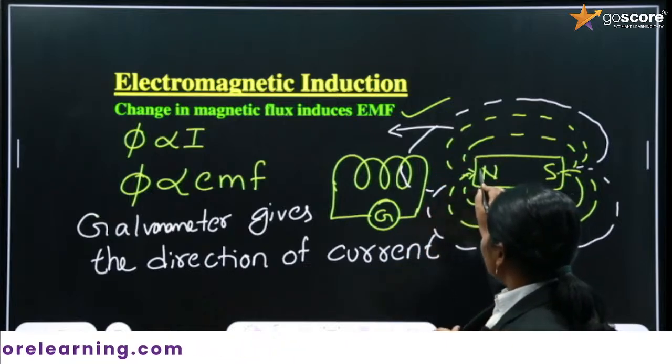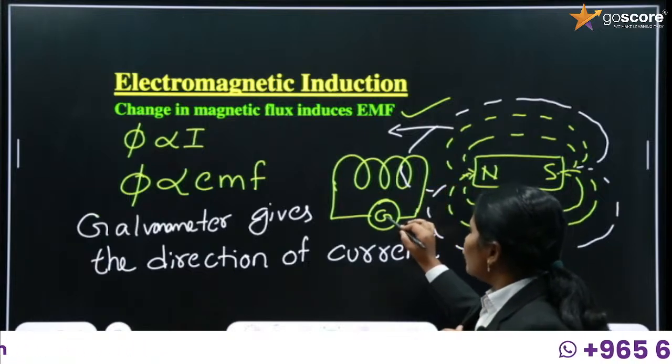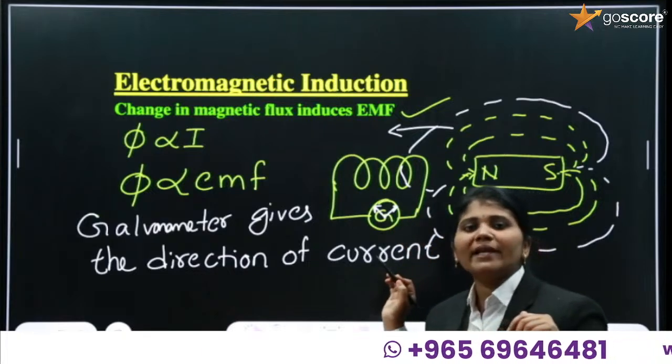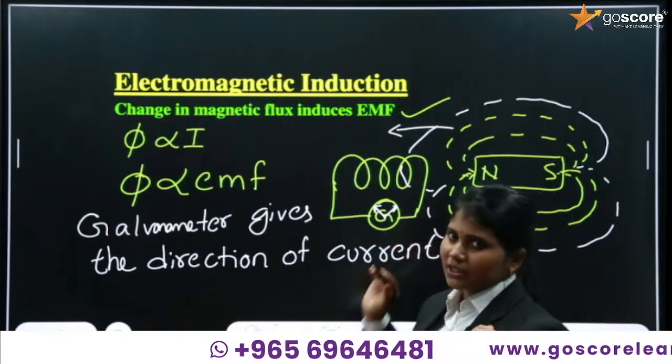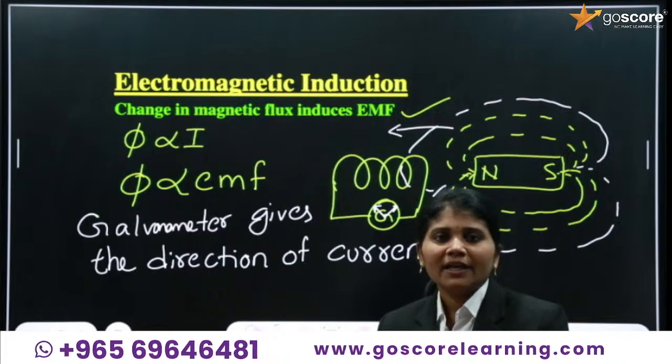When the magnetic field cuts the coil, the galvanometer deflects to either the positive or the negative side. This was all discovered by Faraday and Henry.